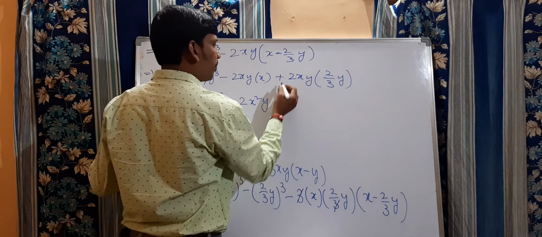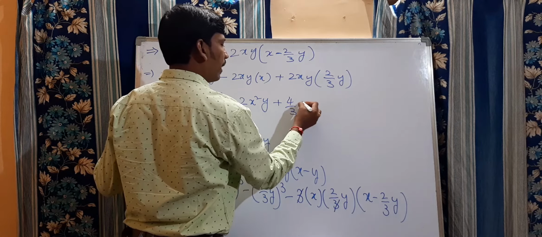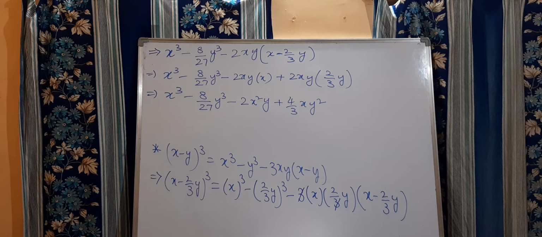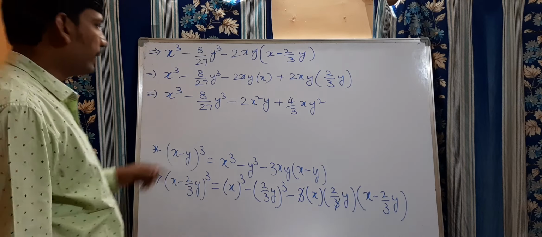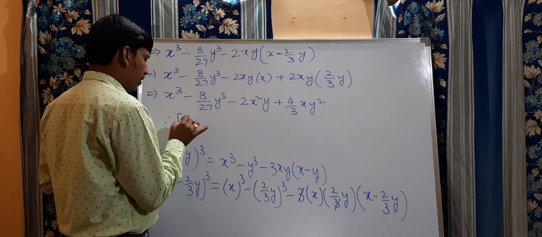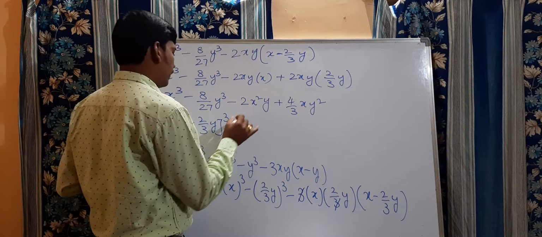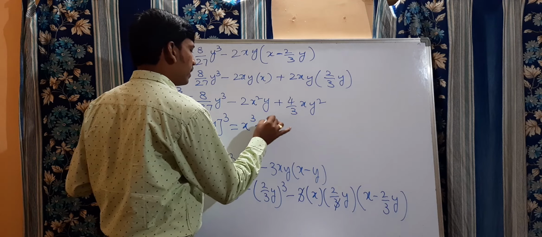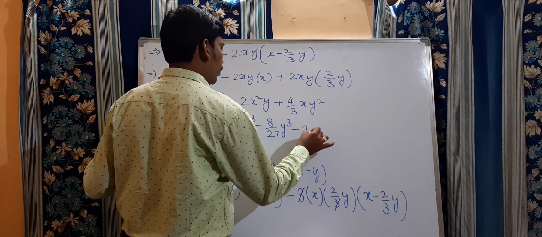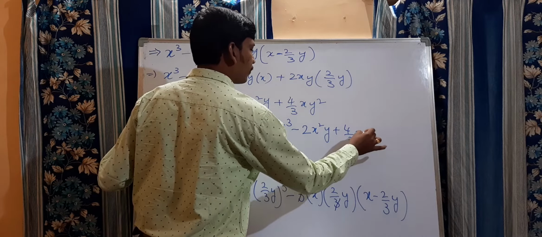Clear? Now plus into plus is plus, 2 2s are 4, 4/3 x into y square. Clear? So therefore the given problem, (x − 2/3 y) whole cube is equal to x cube − 8/27 y cube − 2x square y + 4/3 x y square.